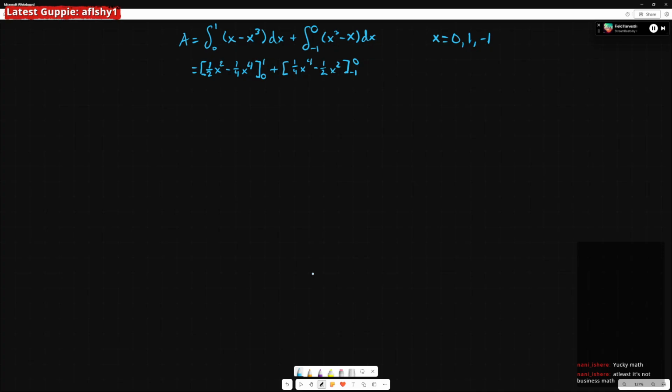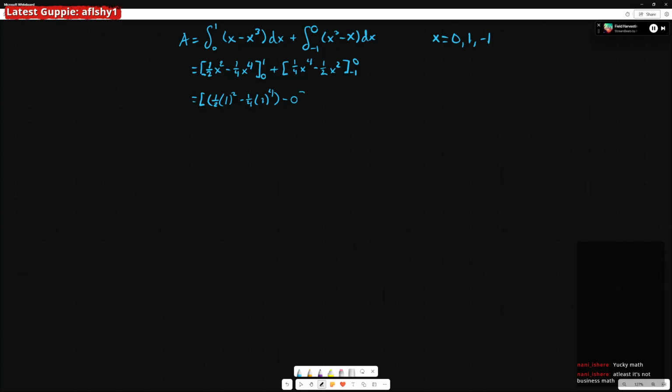Now, we basically just solve, which means that will be now equal to b minus a in this sense. So 1/2 times 1 squared minus 1/4 of 1 to the 4th minus, in this case, 0. So 0 to the 4th and 0 squared both multiply to get 0.